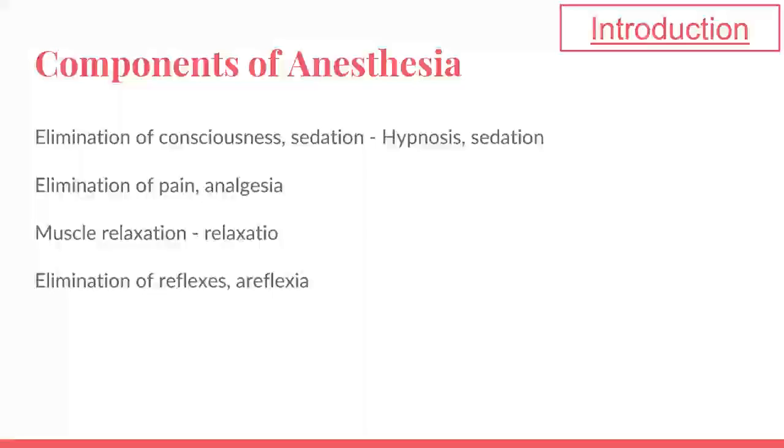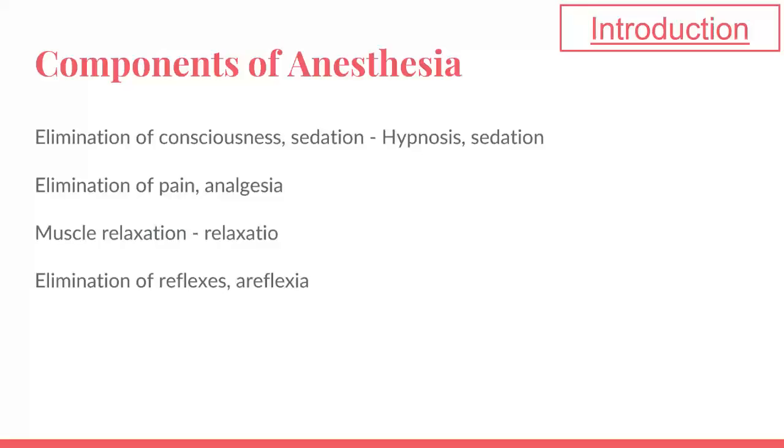To talk about anesthesia, it is essential to distinguish the individual components of general anesthesia. When we ensure that all elements occur, we will be talking about so-called general anesthesia.